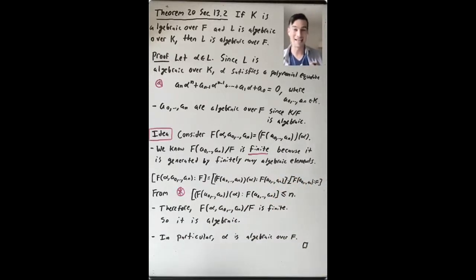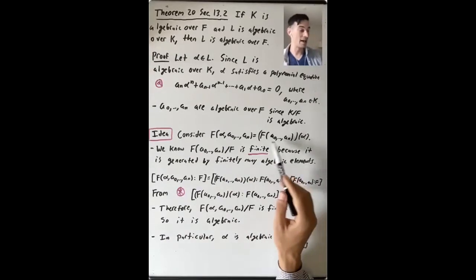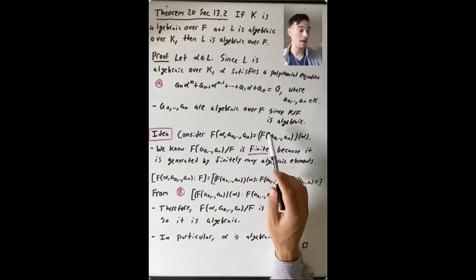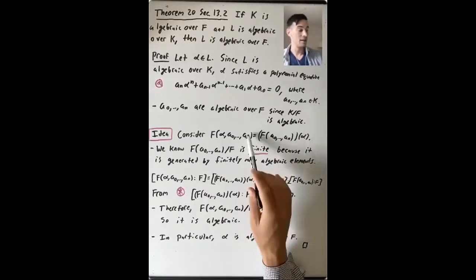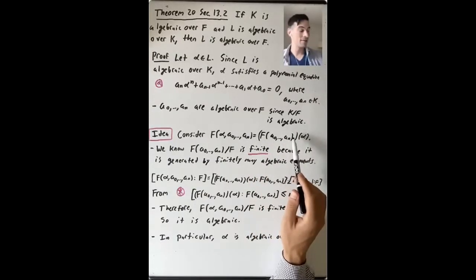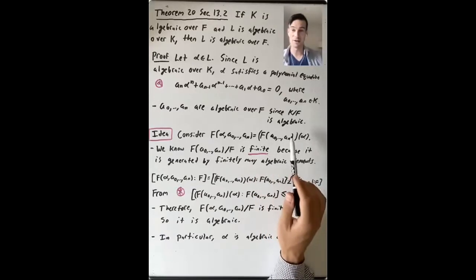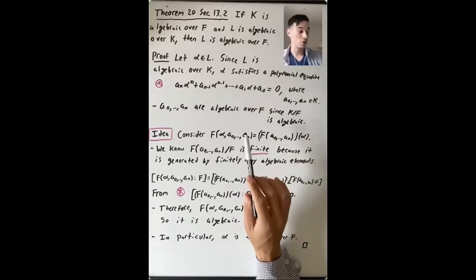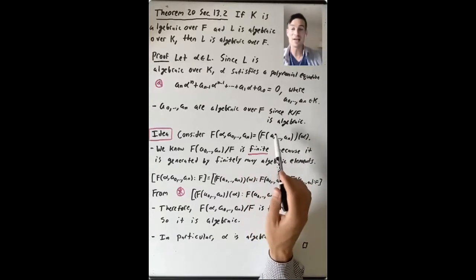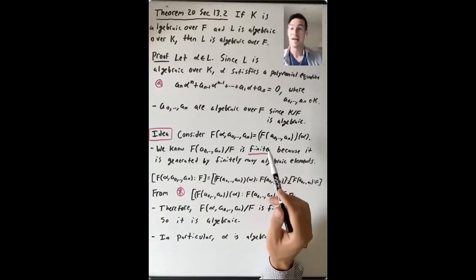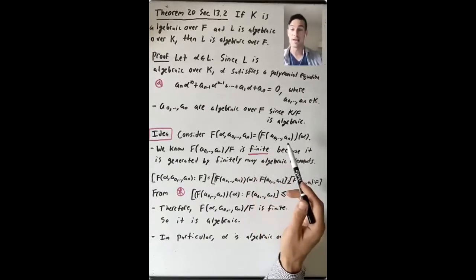I want to pause and say that in the last lecture, we proved this lemma that said the field generated by alpha and beta over F is equal to the field generated by beta over F adjoin alpha. And then I said that that lemma implies this fact is true. And that's what it says in Dummit and Foote. And I thought about it more, and it is not clear to me how that lemma directly implies this fact, even in the case where you have F adjoin alpha 1, alpha 2, and alpha 3.